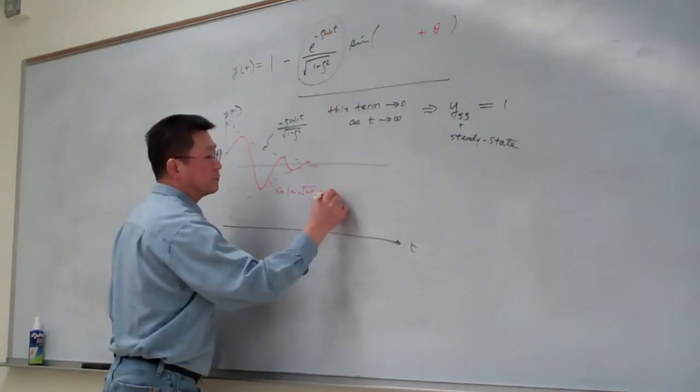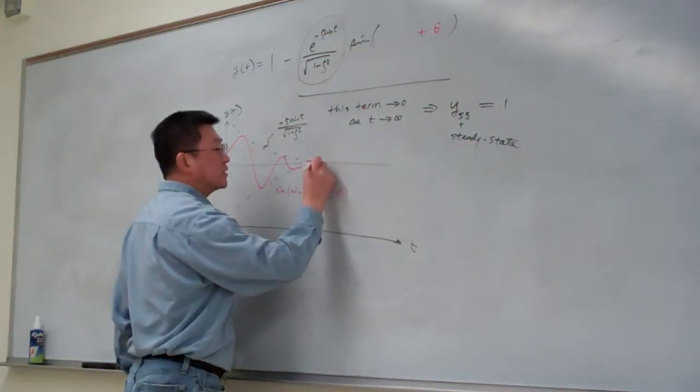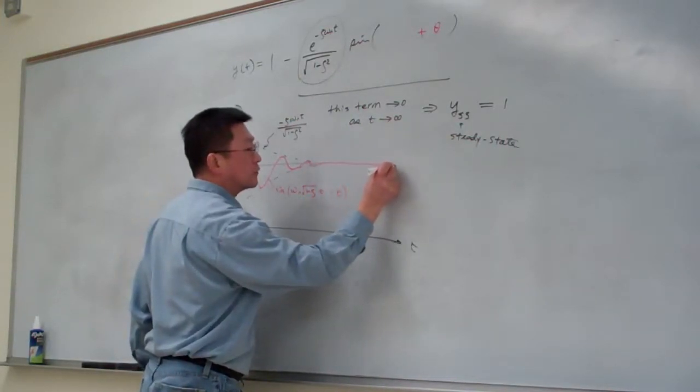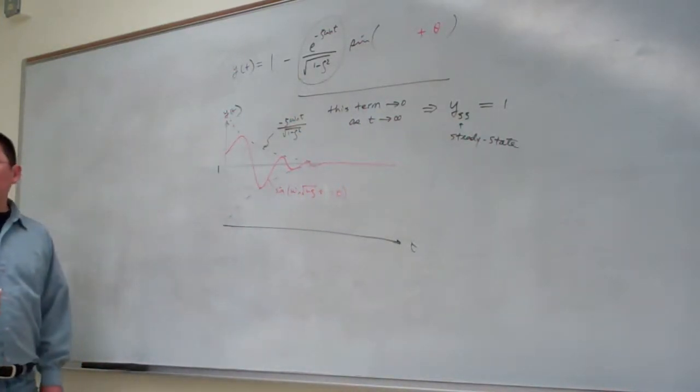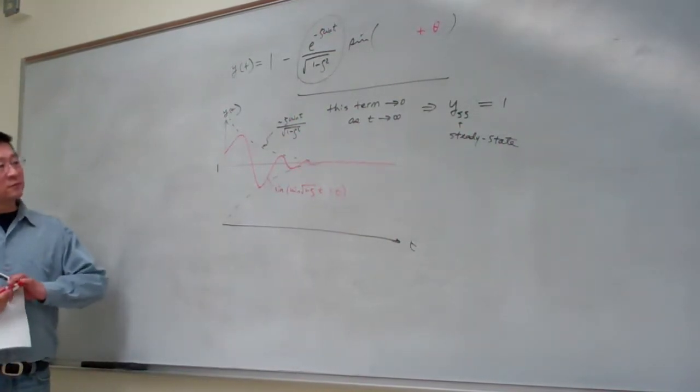Eventually it keeps oscillating and then converges to the value of 1. So this is a feature of these dynamic systems.